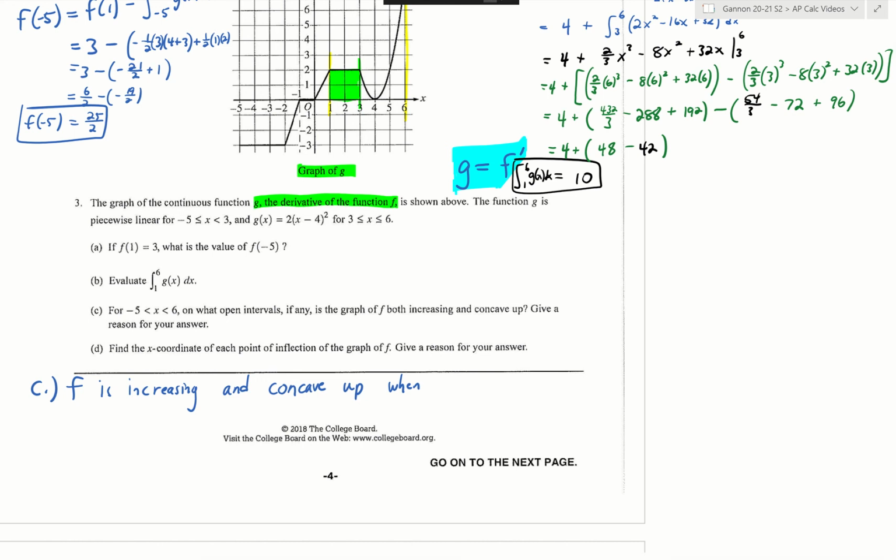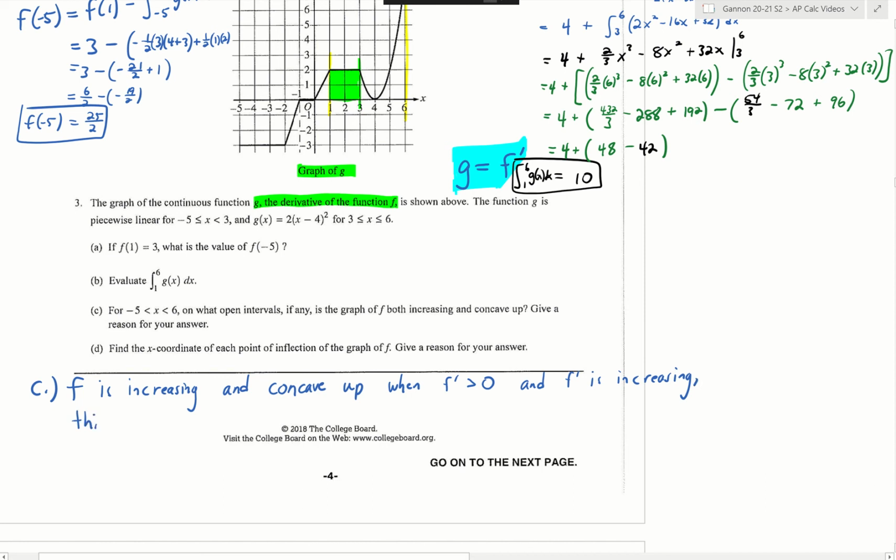So f is increasing and concave up when f prime is greater than 0 and f prime is increasing. Because if f prime is increasing, then that means that the second derivative is positive. So we're looking for when is the derivative positive and increasing on that interval.